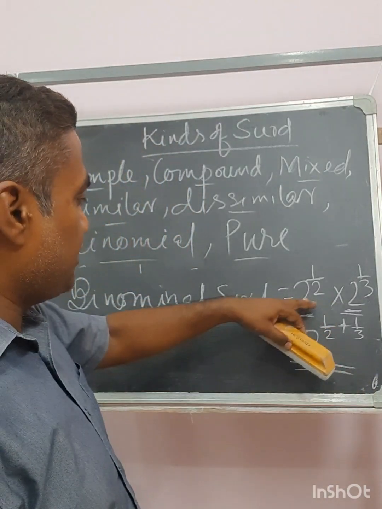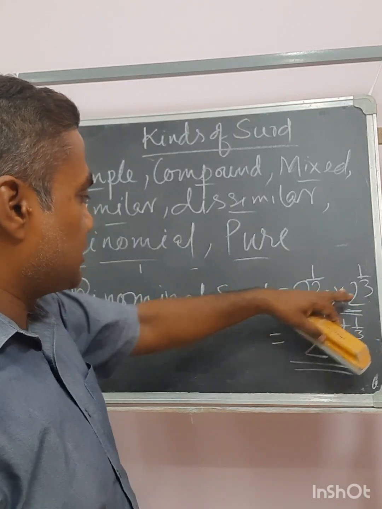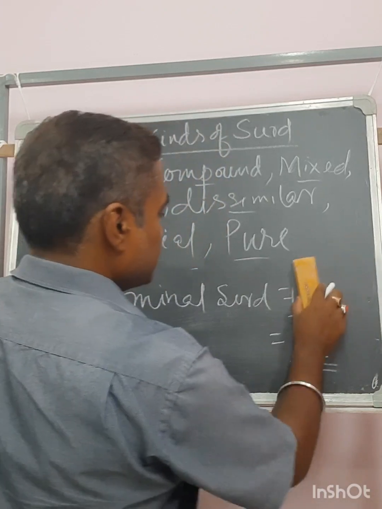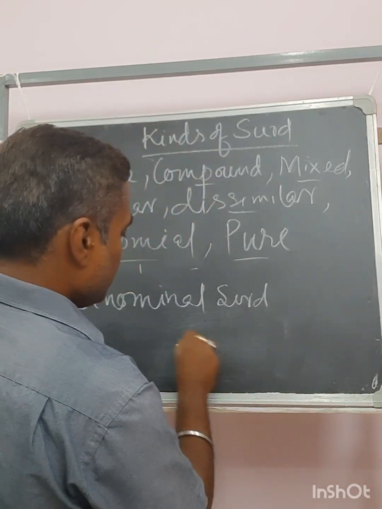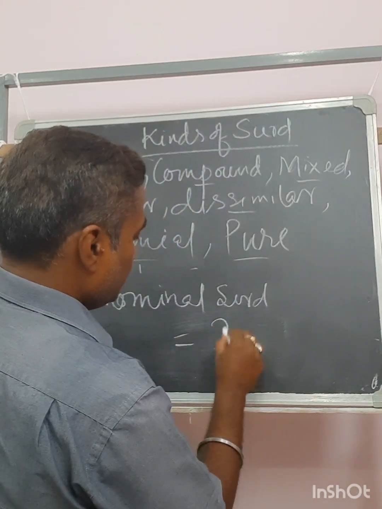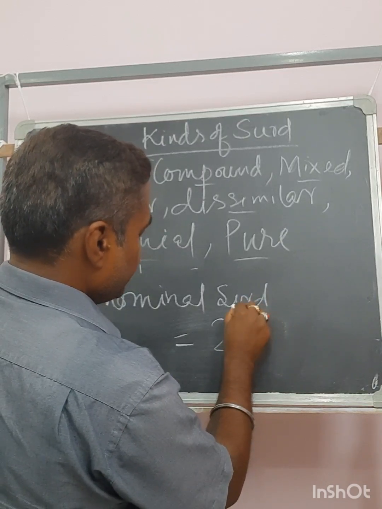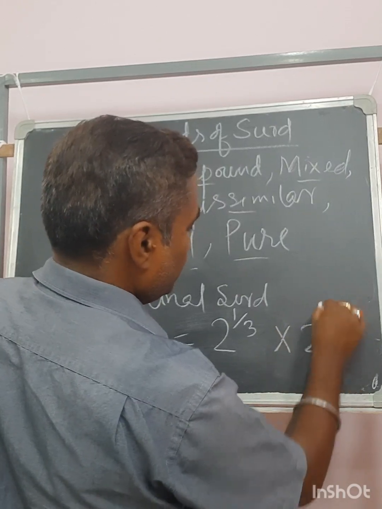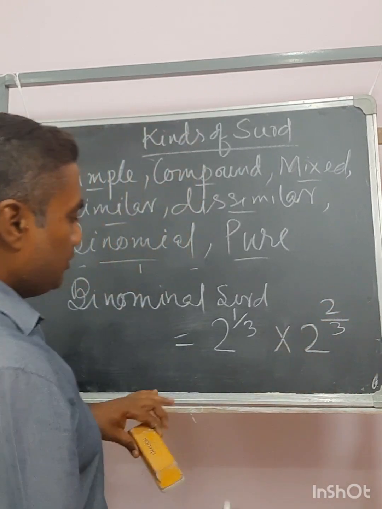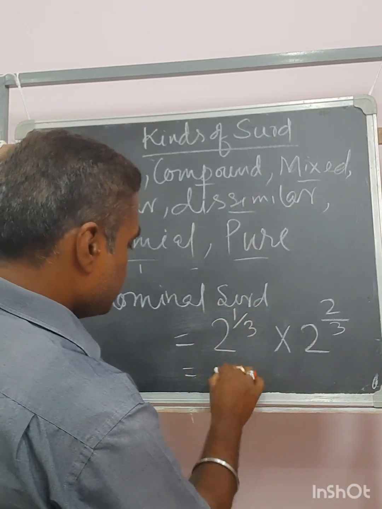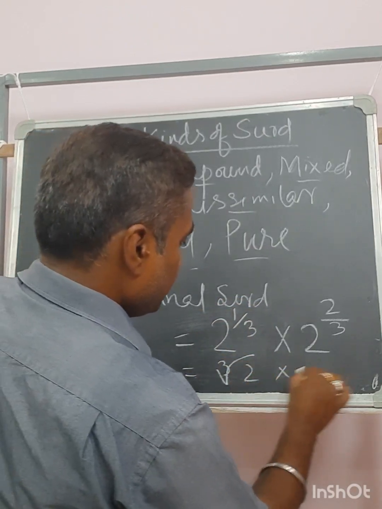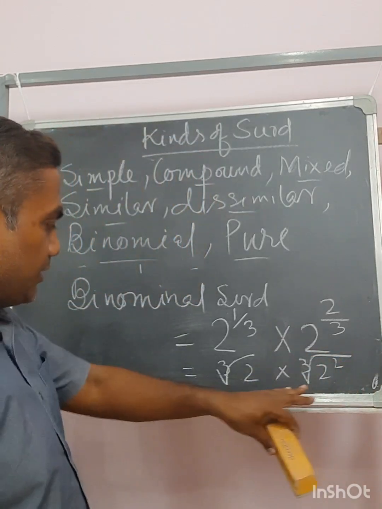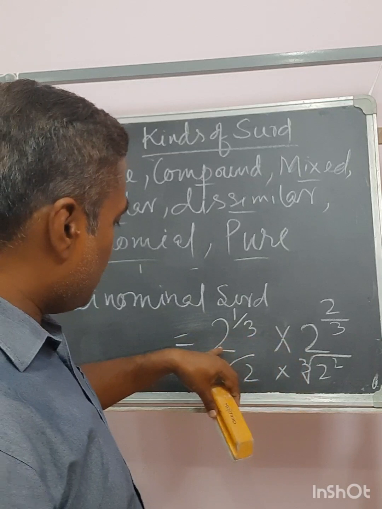So in this case, if I multiply or divide this kind of surd, individually those are surds. Let's take a simple example: 2 to the power 1/3 into 2 to the power 2/3. Now 2 to the power 2/3 is nothing but the cube root of 2 squared. So this 2 is common for both.